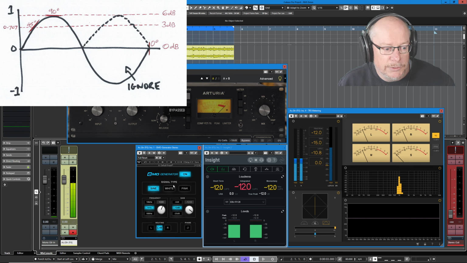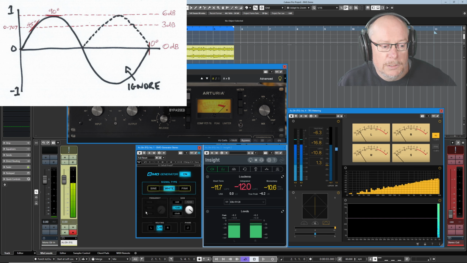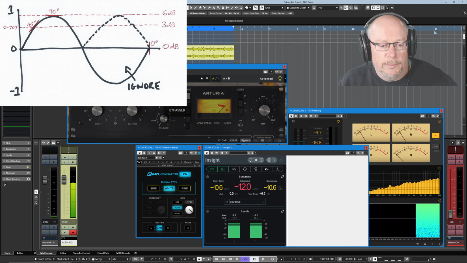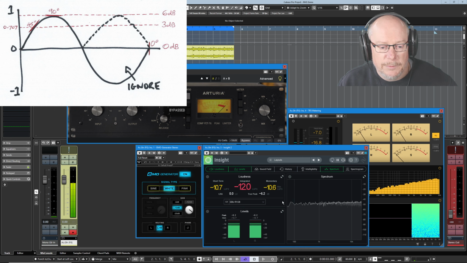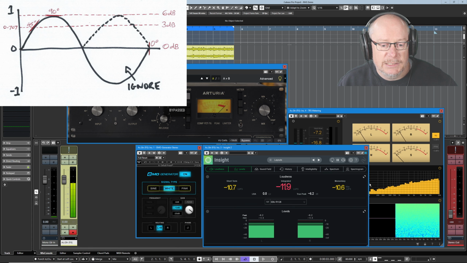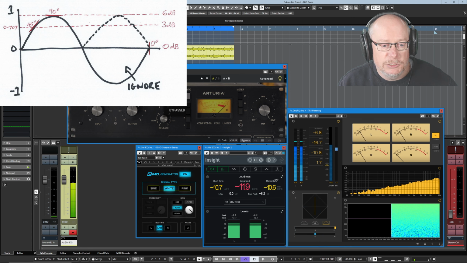Let's send in some white noise. So now here's the white noise spread evenly across the entire frequency range. If I open my spectrum meter briefly, there we go. So this is basically, one is logarithmic and one is linear, which is why you're seeing a difference of scales. Don't worry about that. White noise is generating a signal across the entire frequency range, but it's not a constant signal.